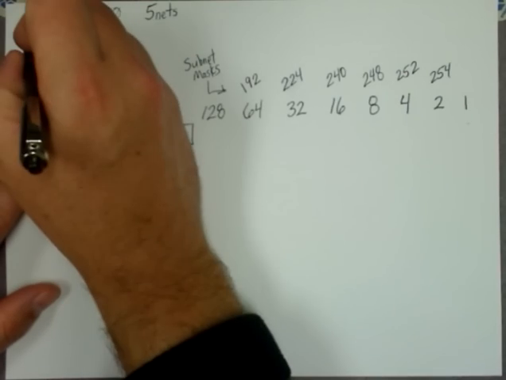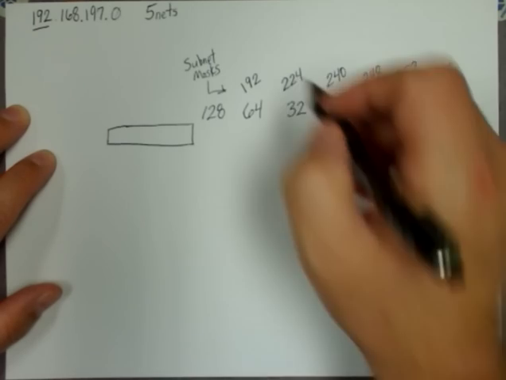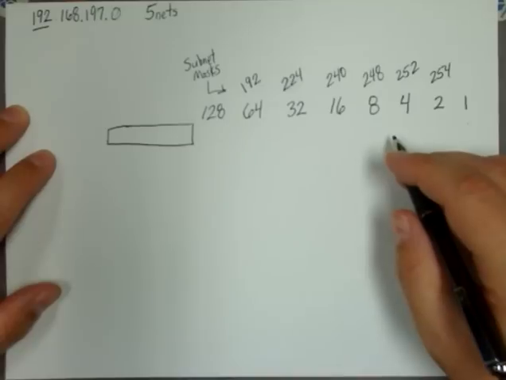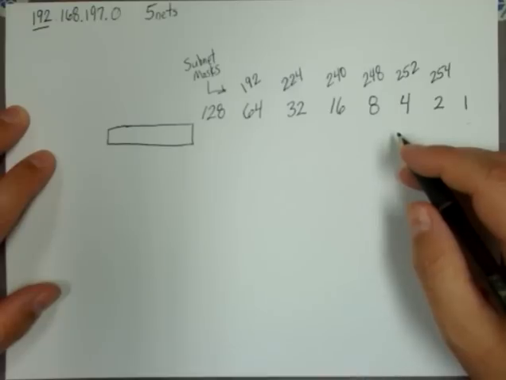I identify what class address this is by looking at the first octet. You know that when we're talking about our ranges, 1 to 126 is class A, 128 to 191 is class B, 192 to 223 is class C, if we're talking about using classes. 127, if you want to be official, is actually included in the class A address, although it is reserved for loopback.